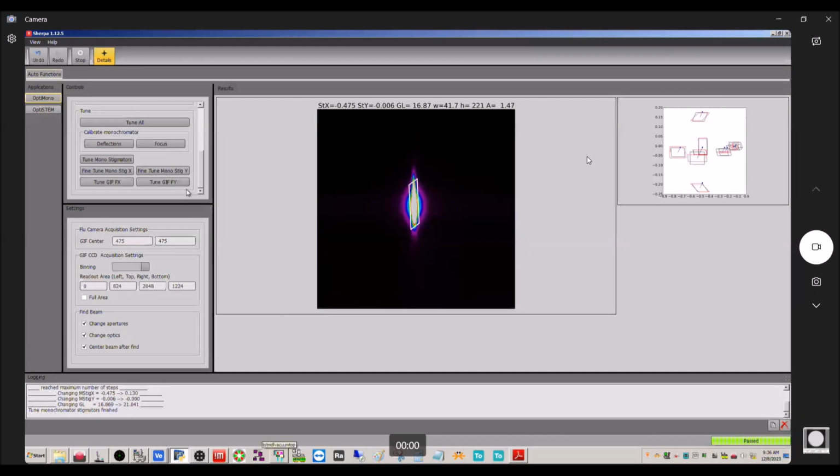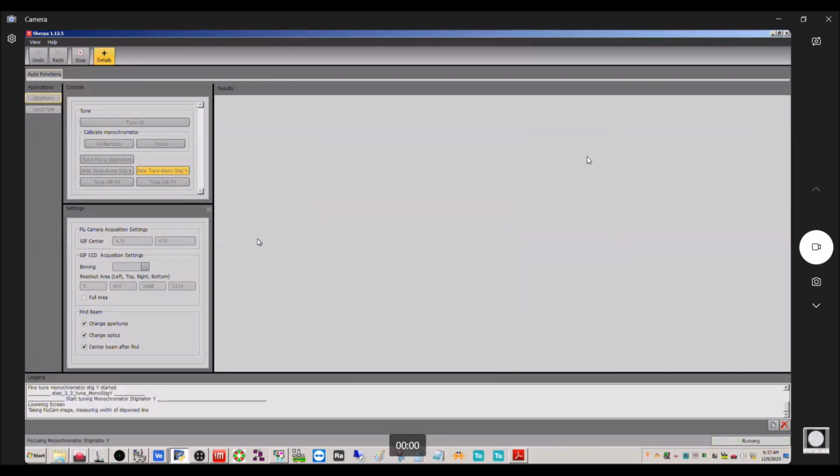Because the GIF is not talking to this, if we were using the GIF, it would actually be measuring the energy spread itself. But what we're going to do instead is have it correct this based on the shape on the flu cam. So we can't use this one, but we can do this one here because it's just using the flu cam. So we'll go ahead and do this one.